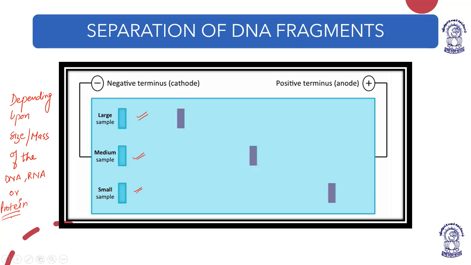The separation of DNA fragments basically involves a principle that all naturally occurring colloids have a specific charge.